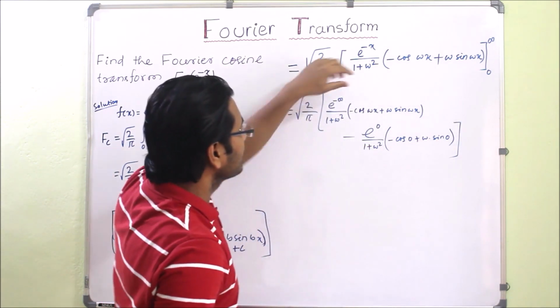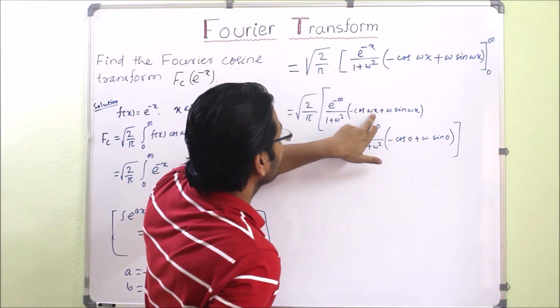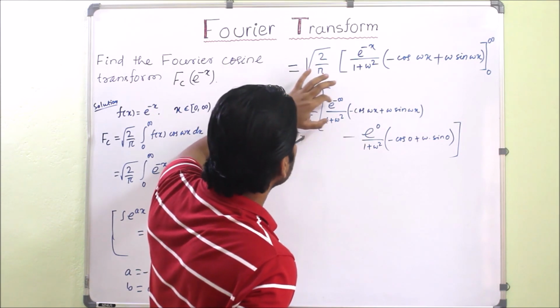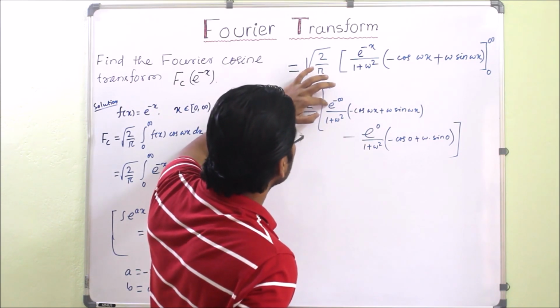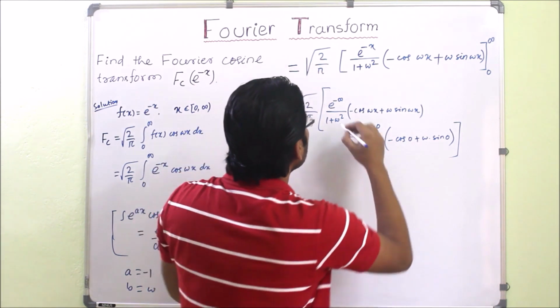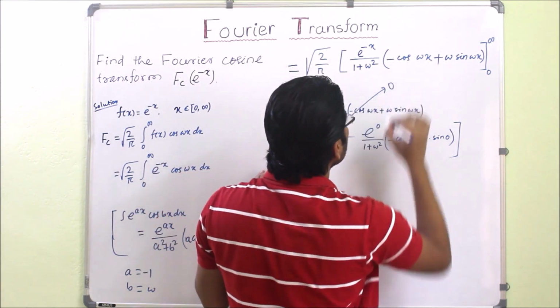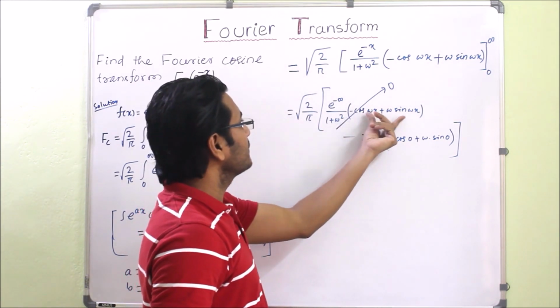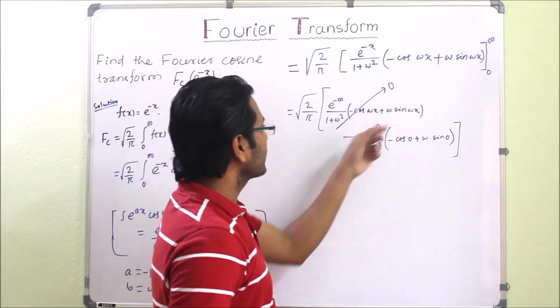You can ask why we are not putting the value of x as infinity. If I put x as infinity, e to the power minus infinity will be 0, so the whole term will be 0, so no need to put the x value inside the bracket terms.